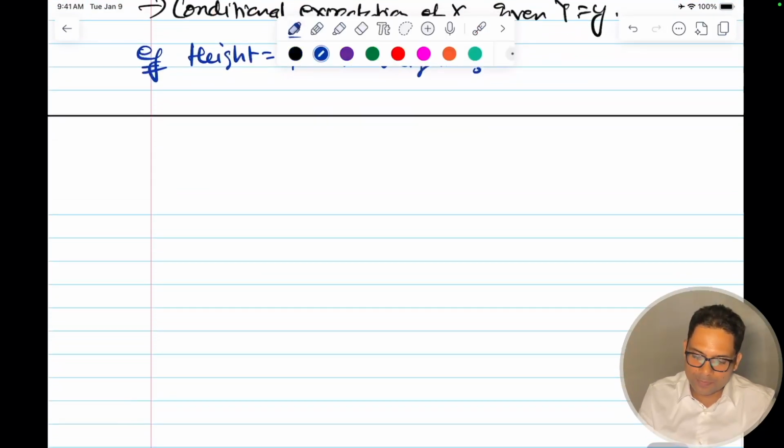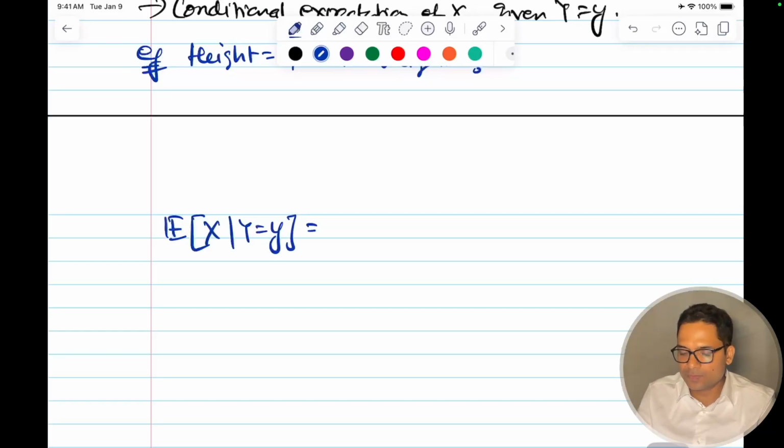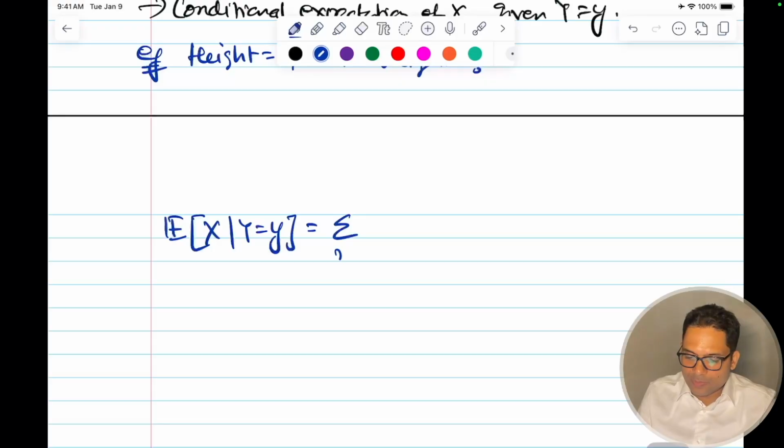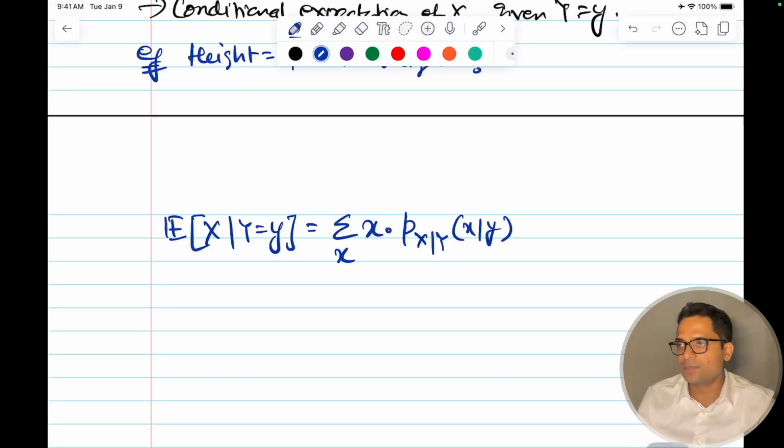How do we denote it? The expectation of x given y equal to y is equal to the summation over all x of x into the probability of x given y.